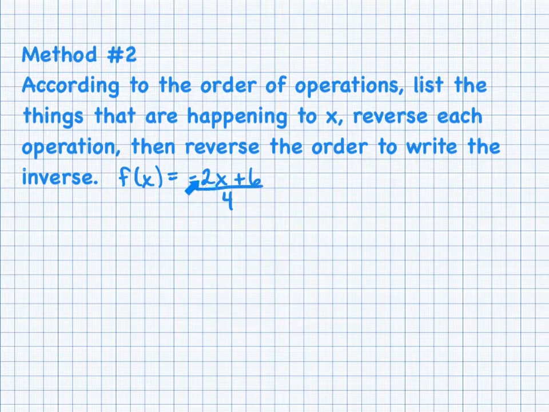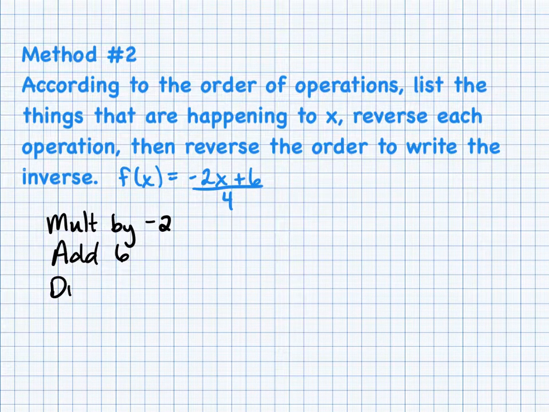First thing happening to it is it's being multiplied by negative 2. The next thing is we add 6. And then all divided by 4. So we divide by 4.